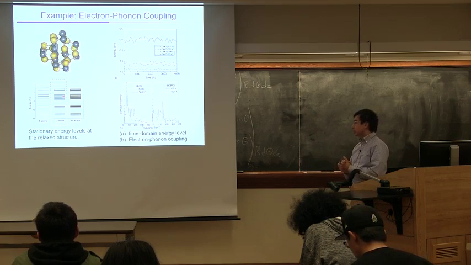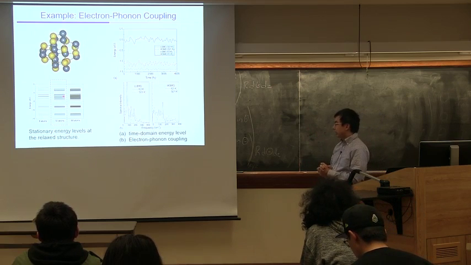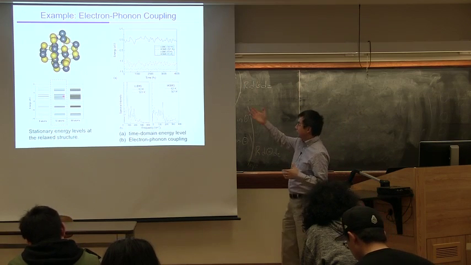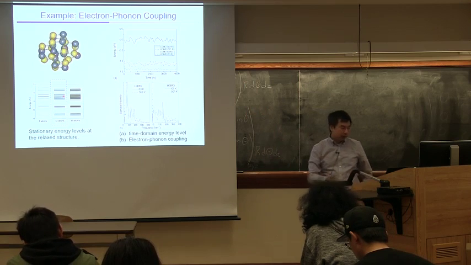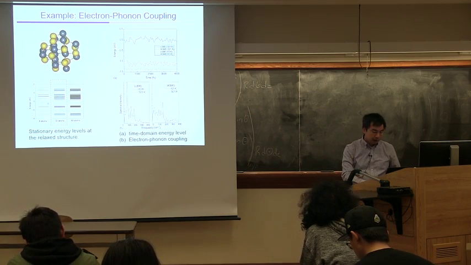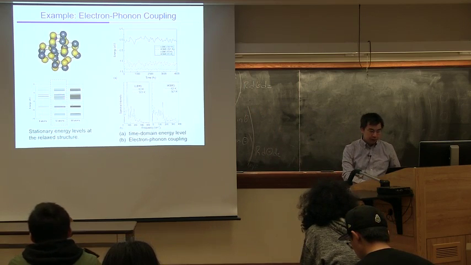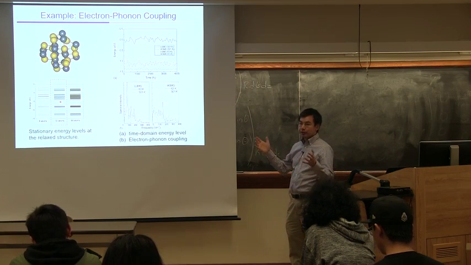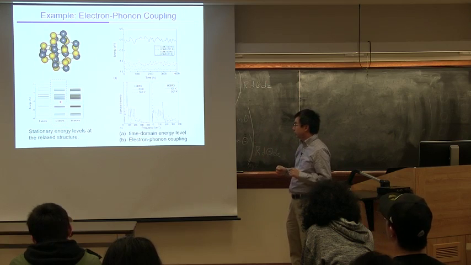Then what is an electron vibration interaction? Okay, the vibration is basically you need to let the system move, right? By the way, these electronic structures are calculated when the structure is static, or at its lowest energy configuration.